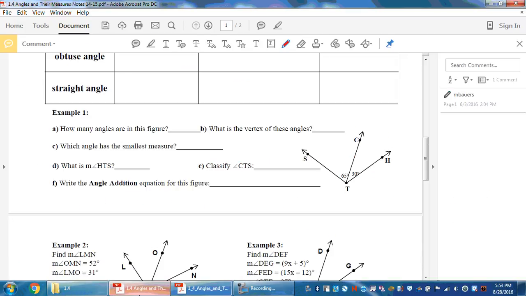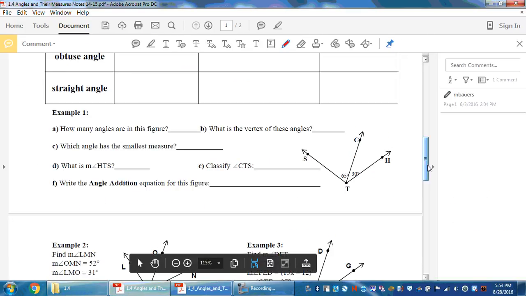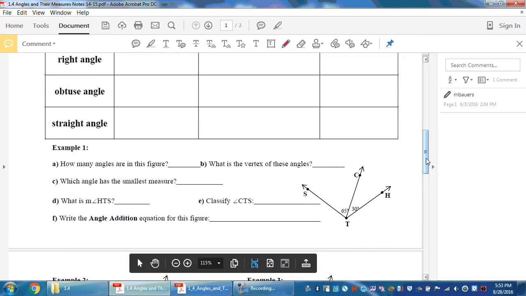Okay. Now, again, looking at this picture, how many angles are in this picture? If you said 2, this one and this one, you're also forgetting angle STH, the entire angle, the biggest angle, right?